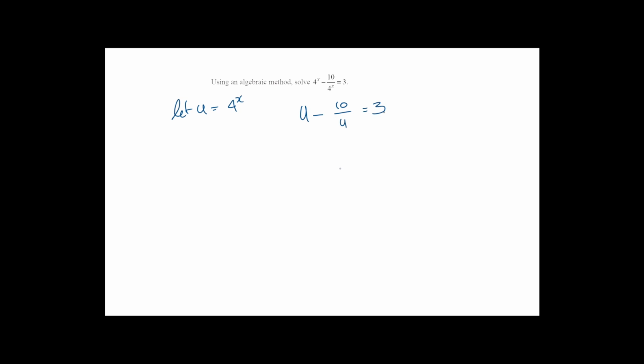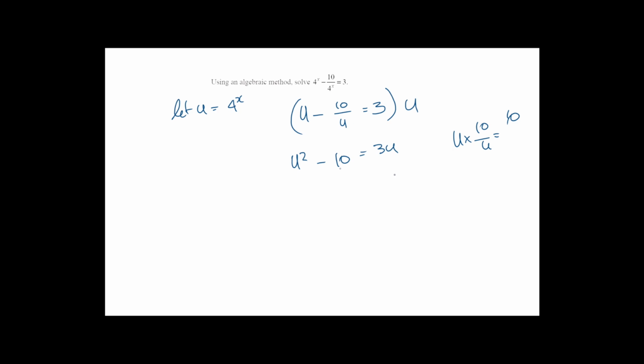Now, this might look like we can't solve it, but we actually can. Let's multiply the whole thing by u, so that we have u squared minus 10, because u times 10 over u equals 10, and that's going to equal 3u.